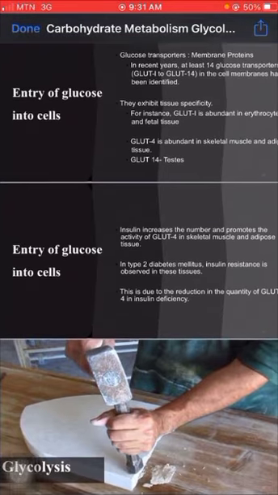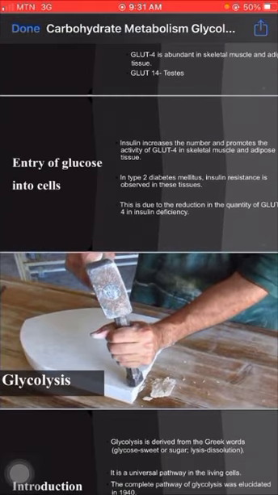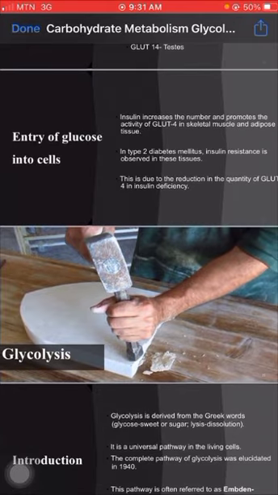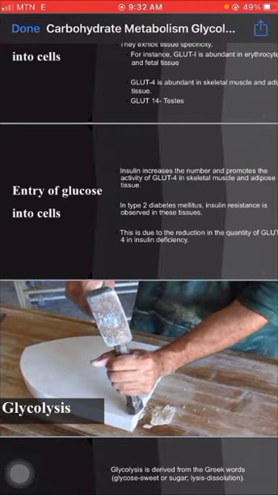These glucose transporters are tissue specific. When I say a certain channel depends on insulin, what does it mean? It means that when there is a high level of insulin, this insulin will increase the number of that transporter. So a high level of insulin will increase the number of glucose transporter 4 in the skeletal muscle and adipose tissue, and low levels of insulin will decrease the number of what?